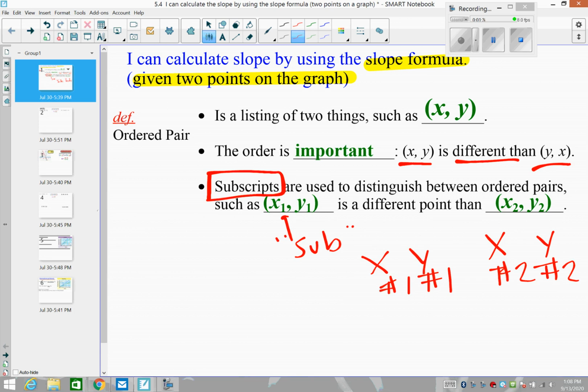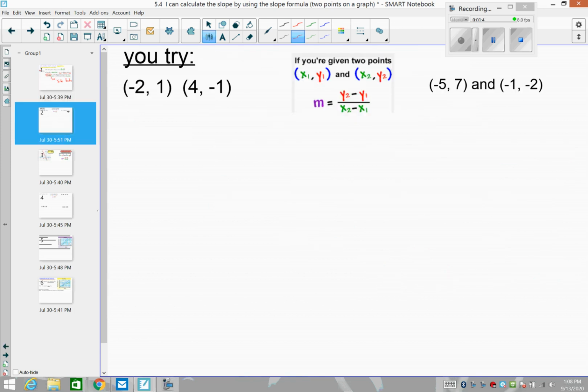So that is kind of the plan for today, is that we are going to find the slope without the graph. So we're going to use this thing called the formula. The formula states in the middle here that in order to get the slope, we find the change in the y. By the way, this little triangle here in math means change, over the change in the x.